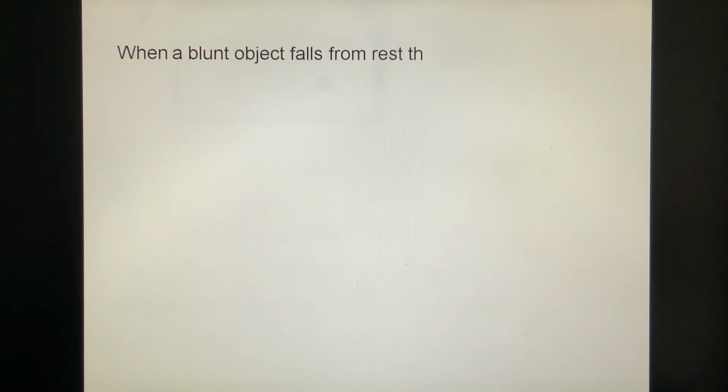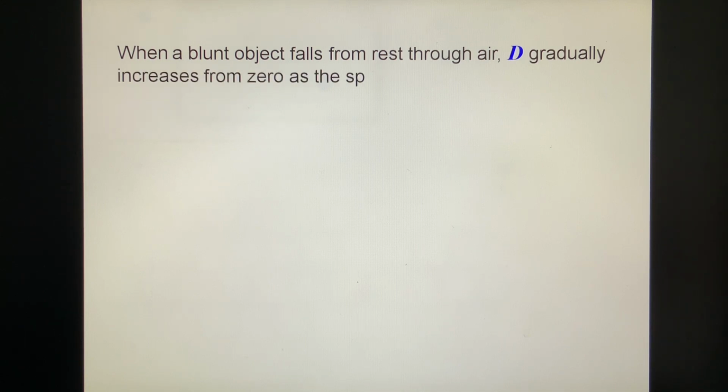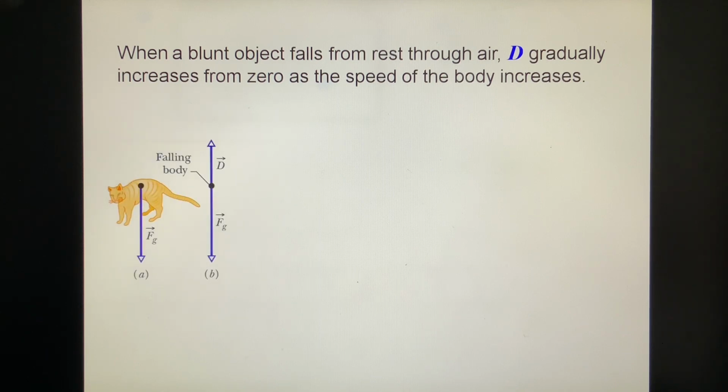When a blunt object falls from rest through air, D gradually increases from zero as the speed of the body increases. Going down, you have the drag force D proportional to v squared.